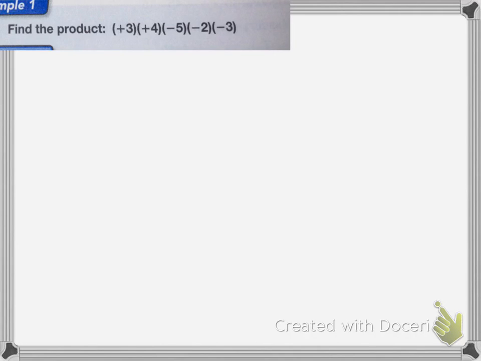So let's count how many negative numbers we have. 1, 2, 3. Since there are 3 negative numbers, my answer is going to be a negative number. So now I can go ahead and just multiply these together. 3 times 4 is equal to positive 12. Negative 5 times negative 2 is equal to a positive 10.